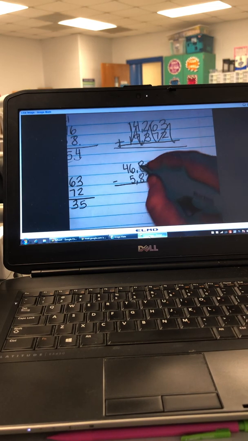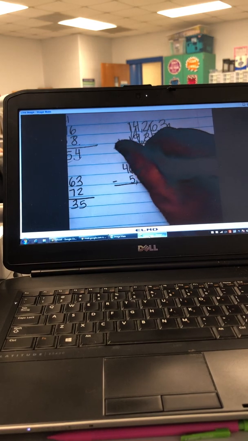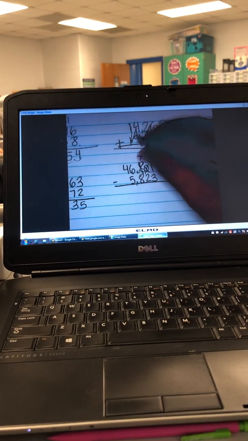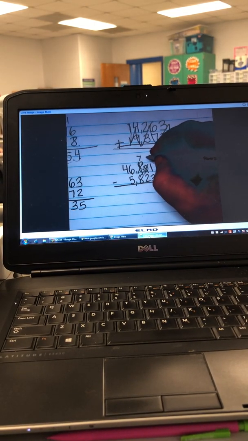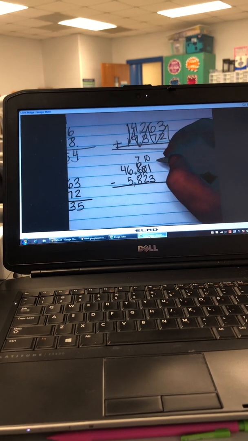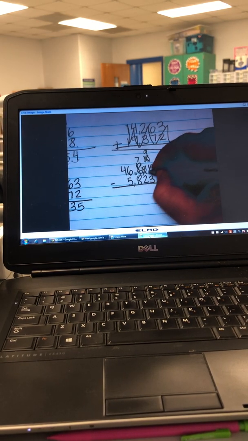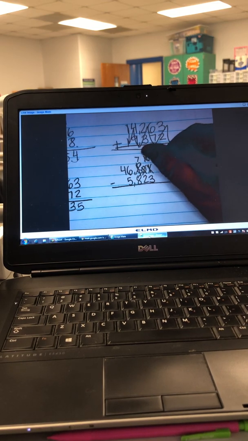No, so I need to go next door again. I'm changing my 8 to a 7, change my 0 to a 10. Now, does next door have something to give me? Yes, I'm going to change my 10 to a 9 and change my 1 to an 11.